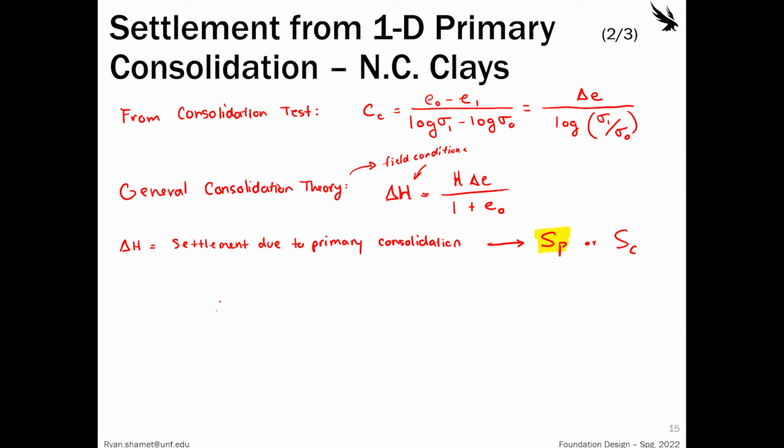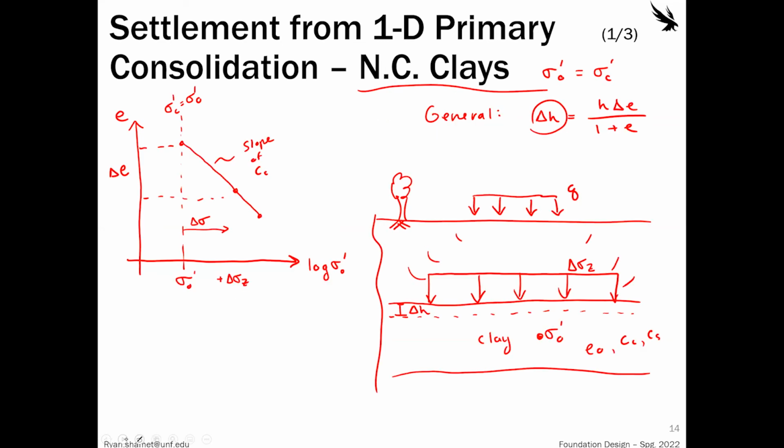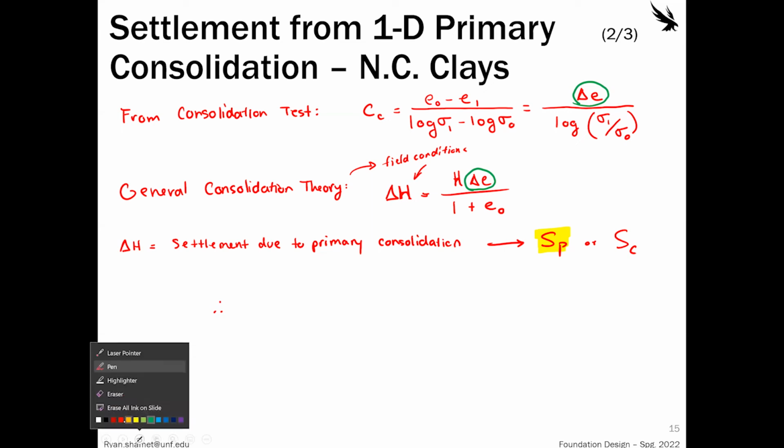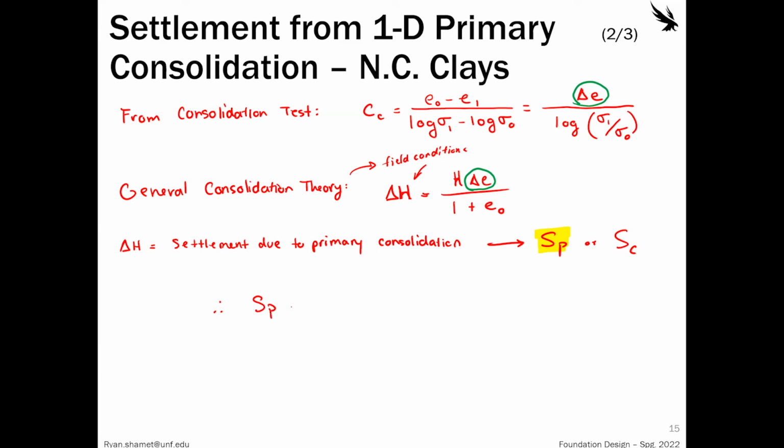So what we can do is plug these two equations in. Sorry to keep going back. You can see we have an equation if we solve for e, and we have a delta e here. So what we can formulate is an equation for field conditions. So SP is equal to H times the change of void ratio divided by 1 plus the original void ratio.